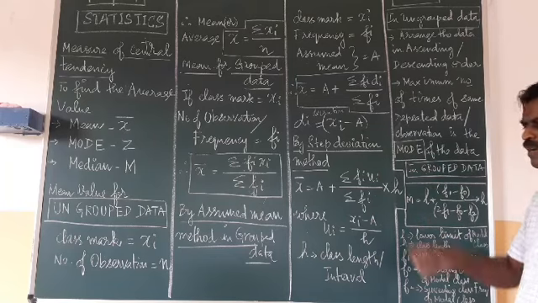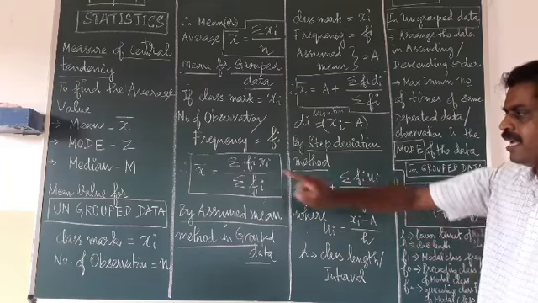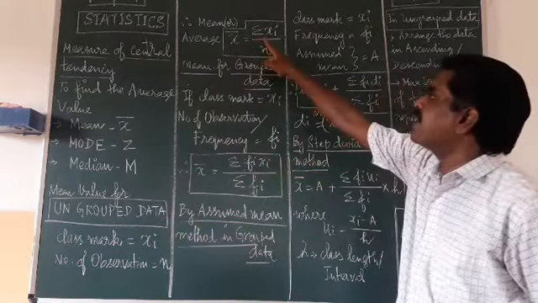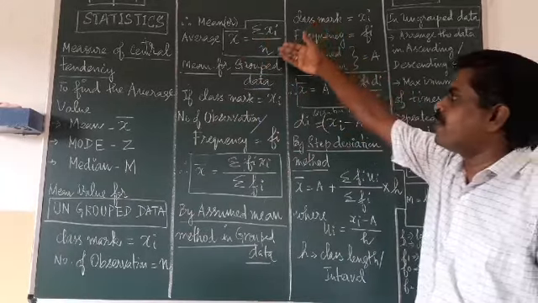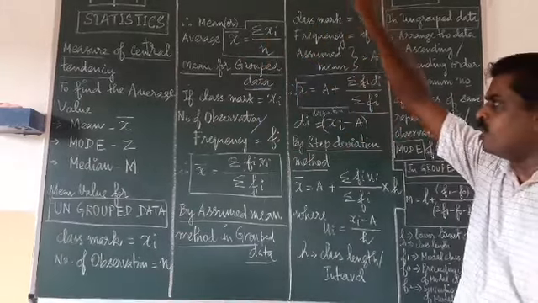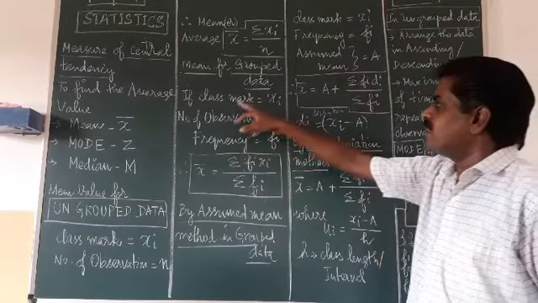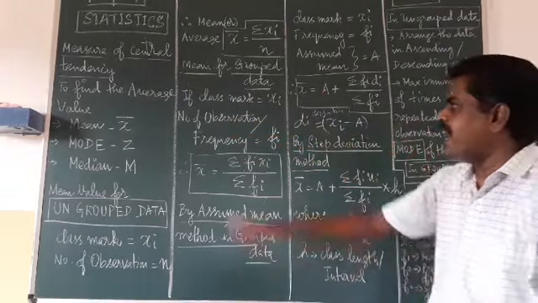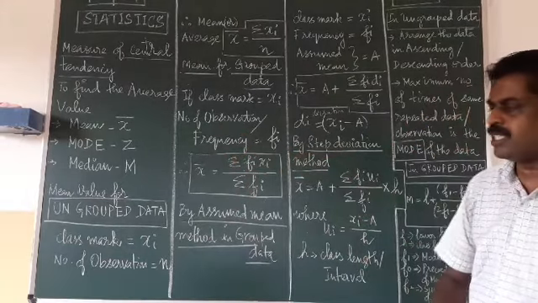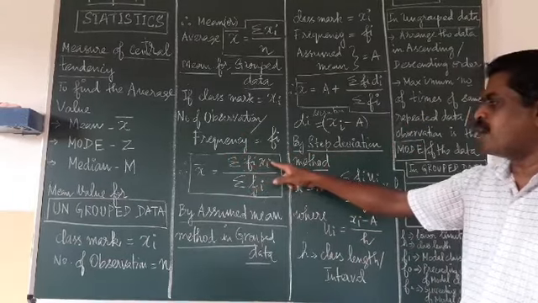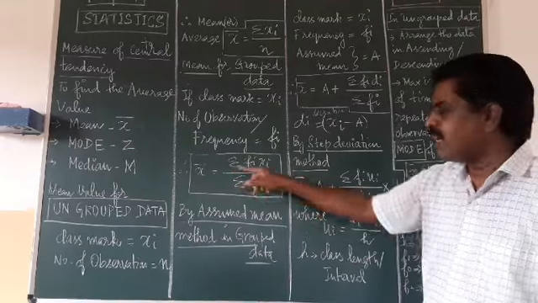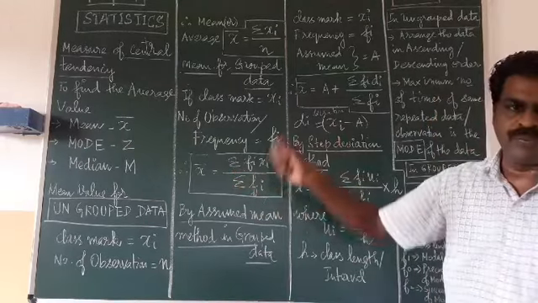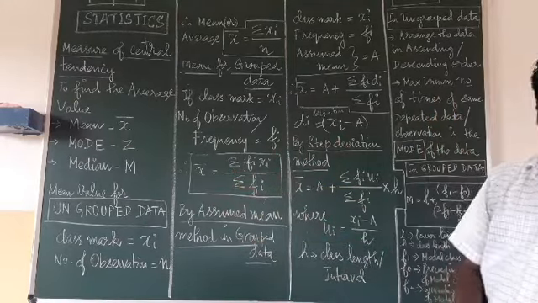So the mean value in ungrouped data can be calculated directly by adding all the data and dividing by the number of data. If it is grouped data, you have to find the xi value, that means the class mark, and the number of observations is given as frequency. Then you multiply the frequency column and the xi column, sum it, and divide by the summation of the frequencies to get the mean value.